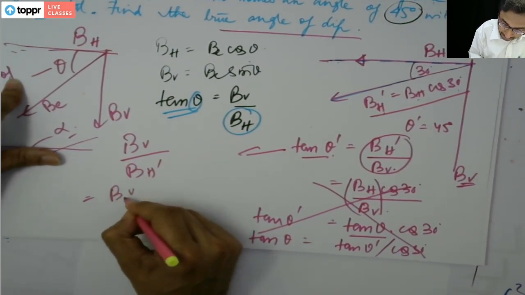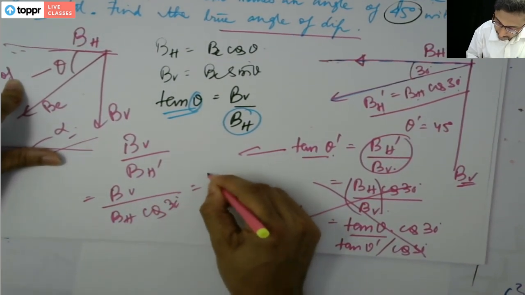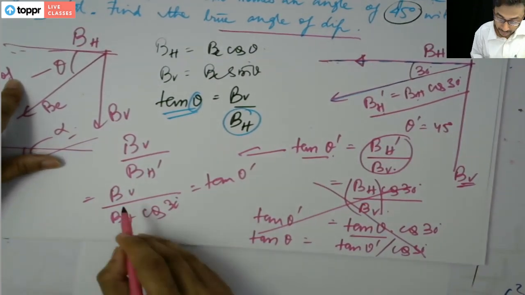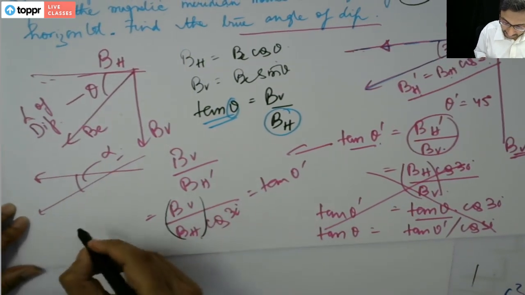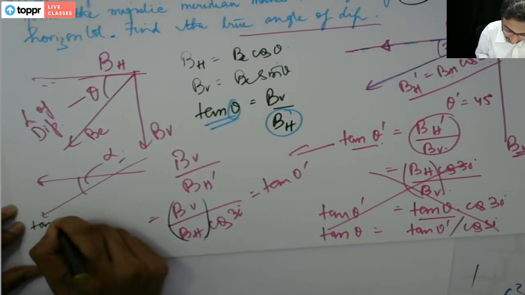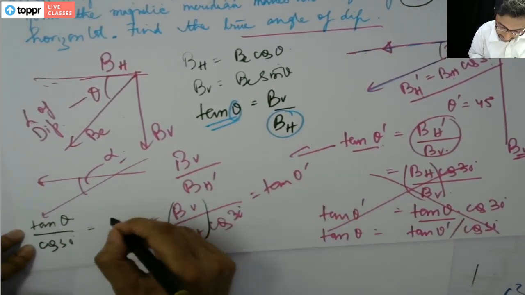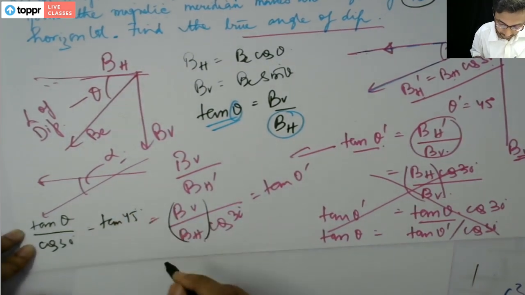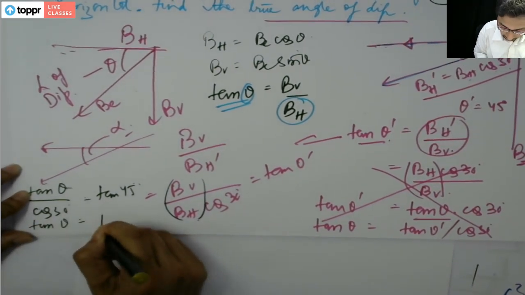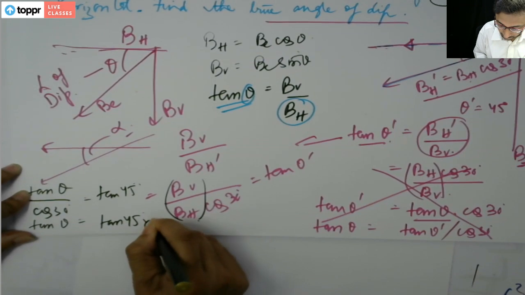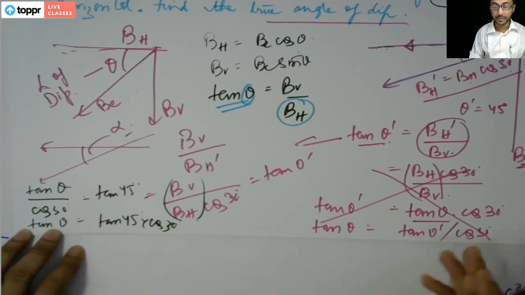Now BH dash means BH cos 30. So BV by BH is nothing but tan of theta dash times cos 30, that is tan 45 degrees times cos 30. So tan theta will be equal to tan 45 cos 30. From this we can find out theta.